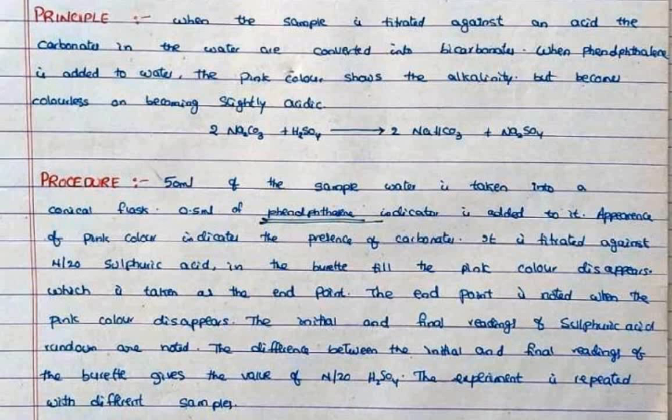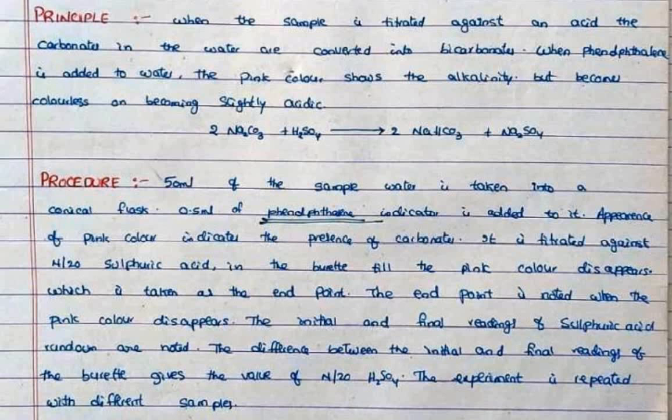When phenolphthalein is added to water, the pink color shows the alkalinity, but becomes colorless on becoming slightly acidic. Equation: 2Na2CO3 plus H2SO4 gives rise to 2NaHCO3 plus Na2SO4.